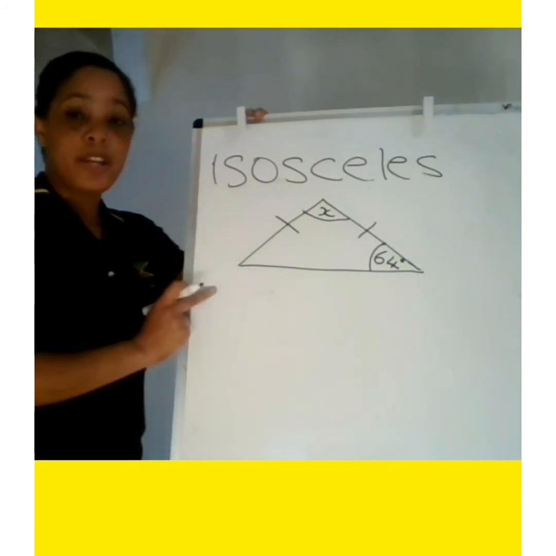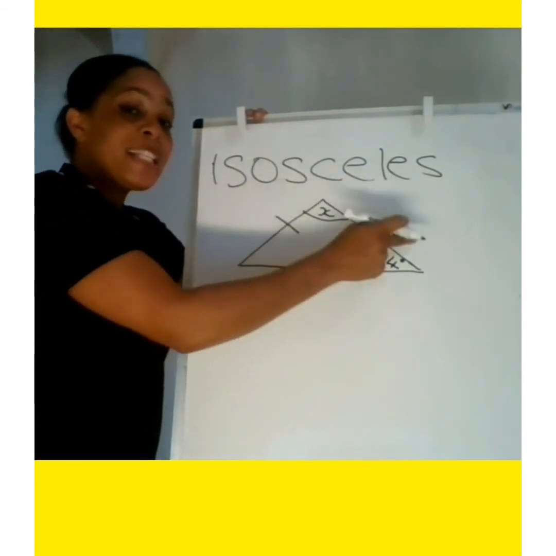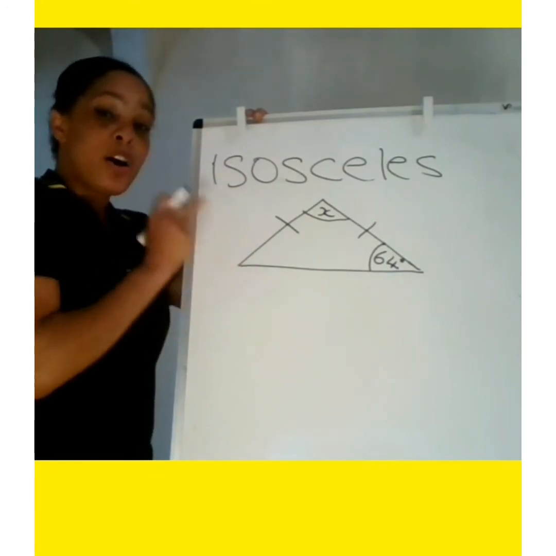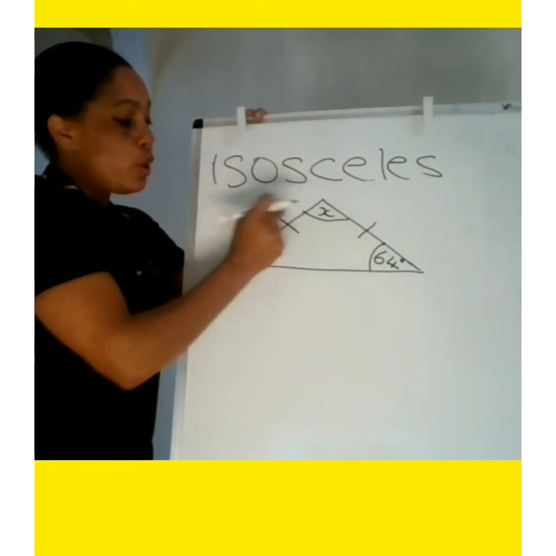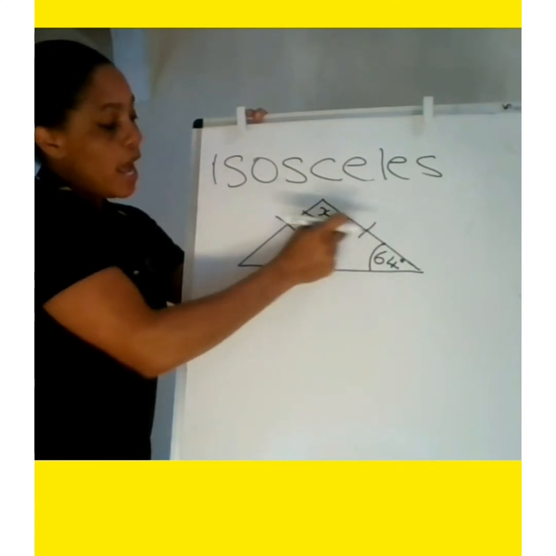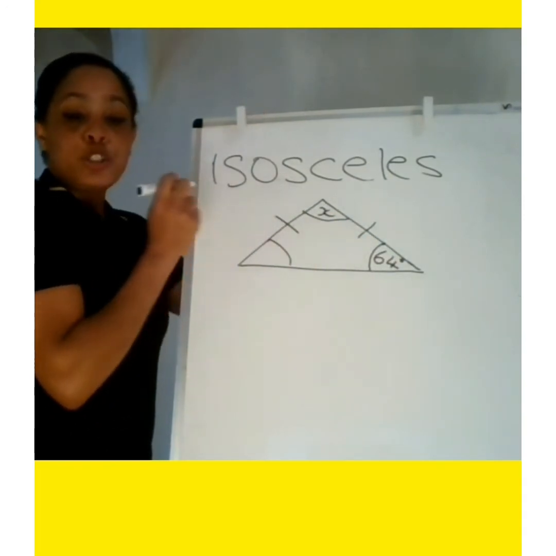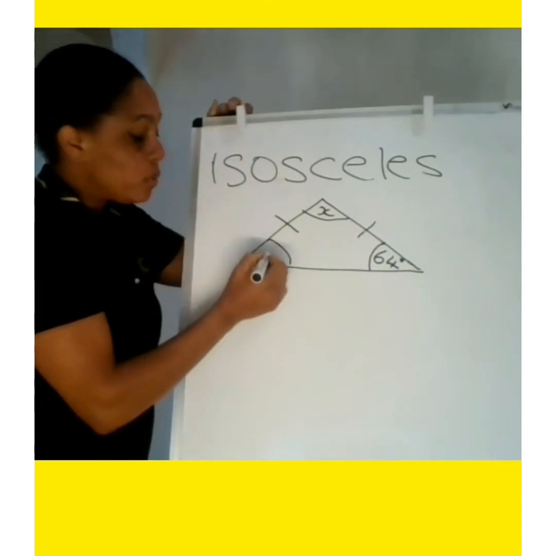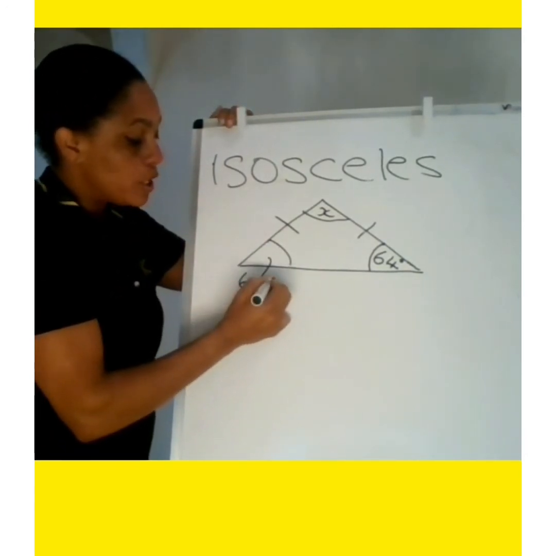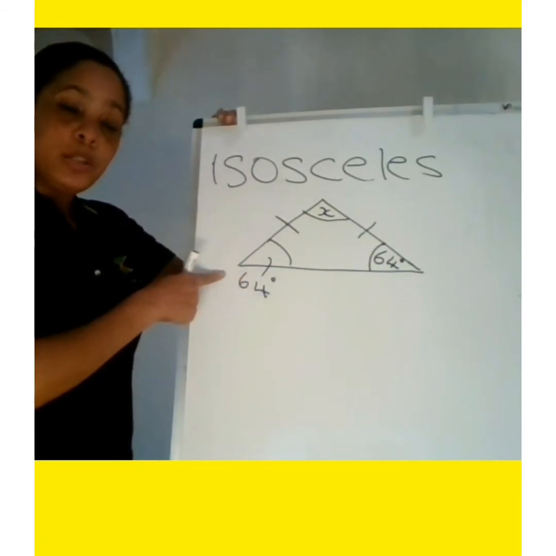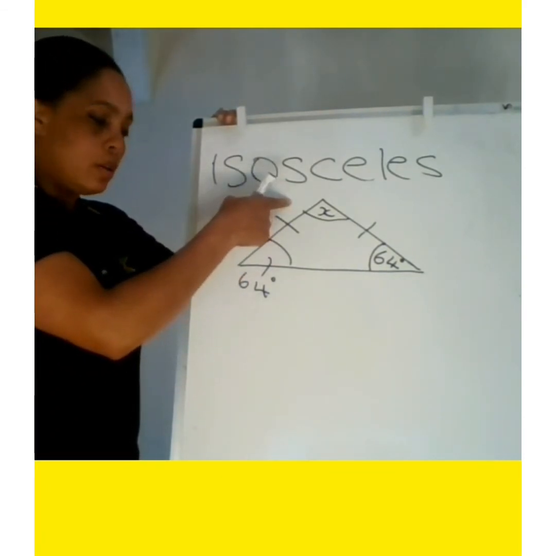How are we going to find x? We know that it is an isosceles triangle, so we know that two angles are equal. So if we look, we know that angle is 64, and this angle across here, these two are going to be equal. So straight away, we know that this one will give us 64 degrees as well. But we were not asked to find this one. We were asked to find this one.